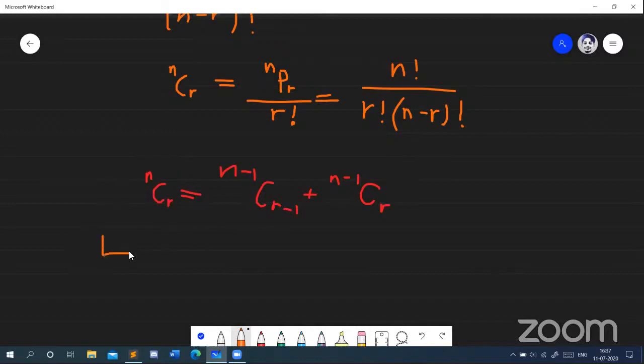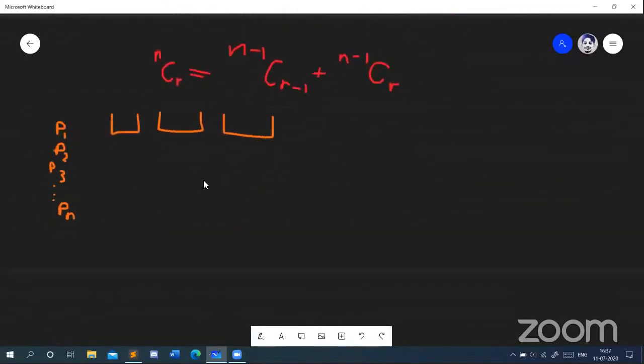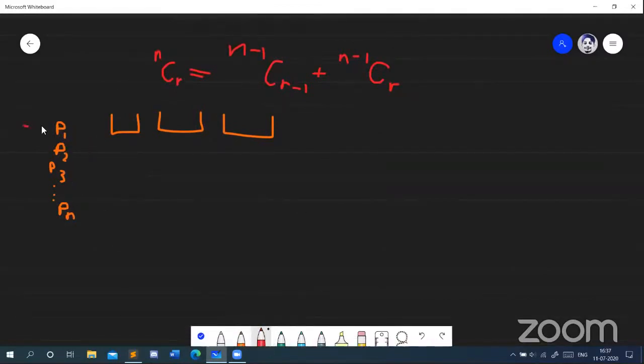So I have r spots, and I have n people, right? Person 1, person 2, person 3, and so on till person n. And we have to make a team of r people from here. Now I say, okay, fine. We'll look at person 1.